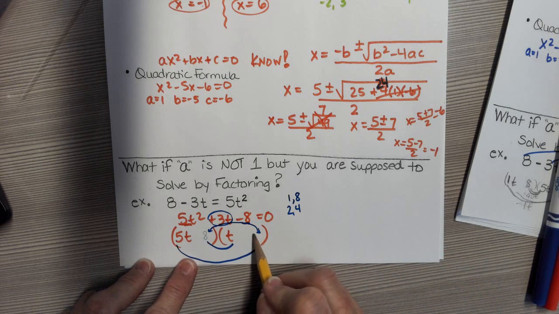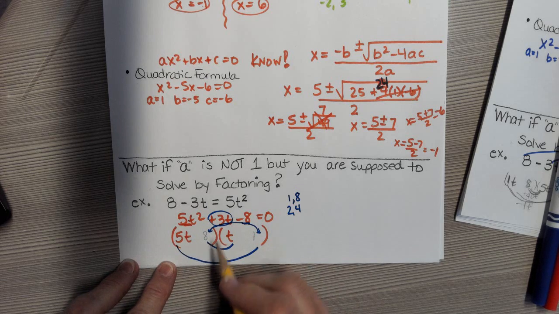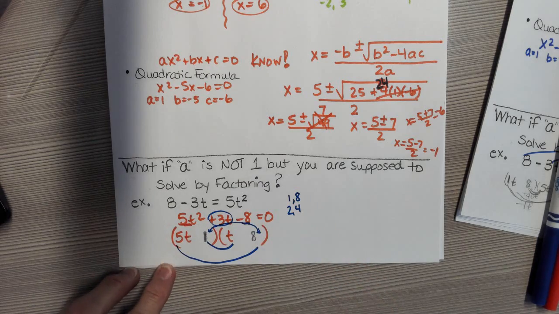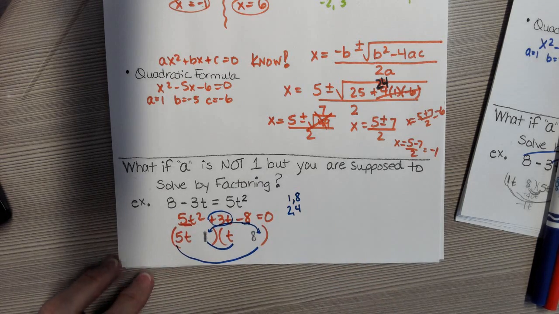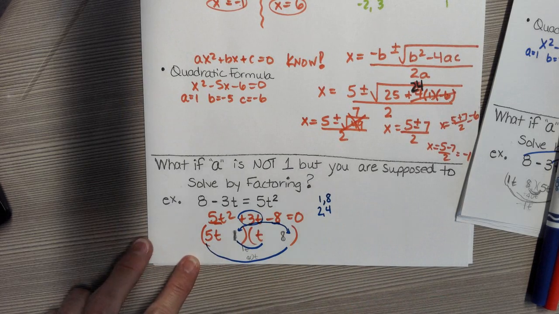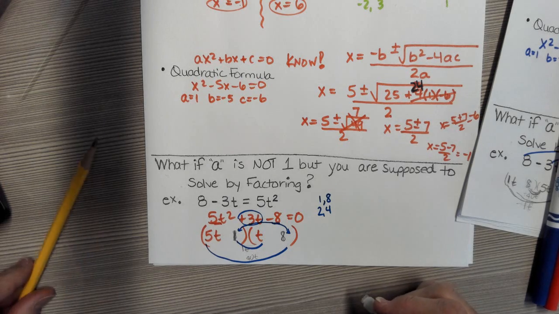So if I put an 8 in here and a 1 in here, I'm going to make sure this isn't going to work. 1 and an 8, and if I do that first, what I end up with is a 1t and a 40t. Well, that's definitely not going to give me the 3 that I wanted in there.